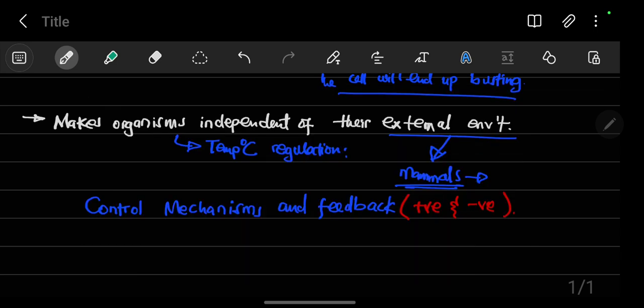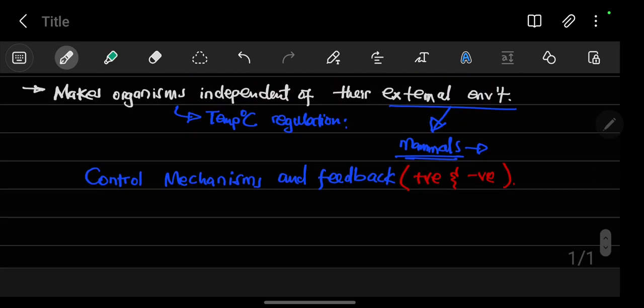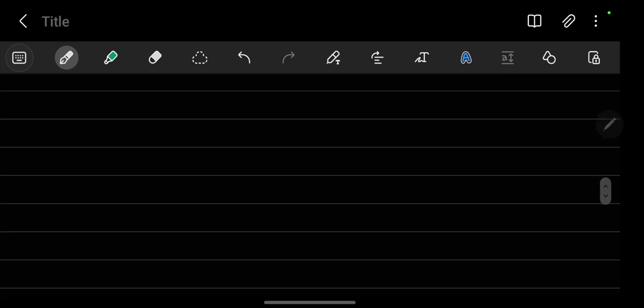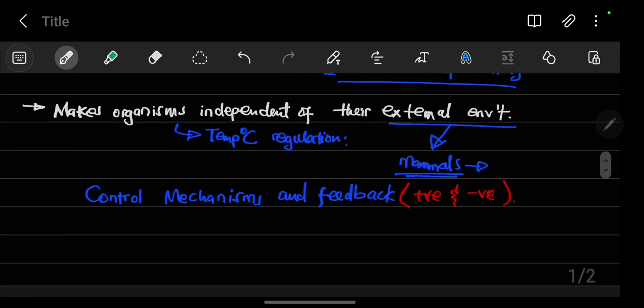So when you look at this, I will just illustrate it. I'll just have my simple illustration here. Maybe let me carry this.